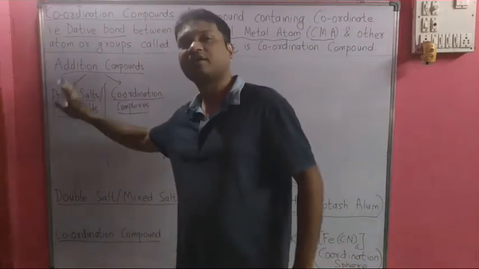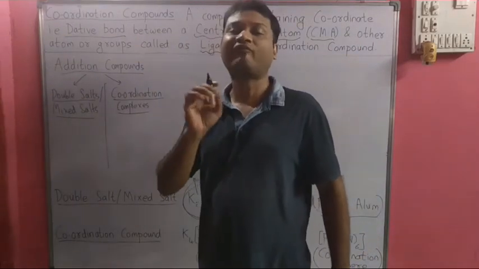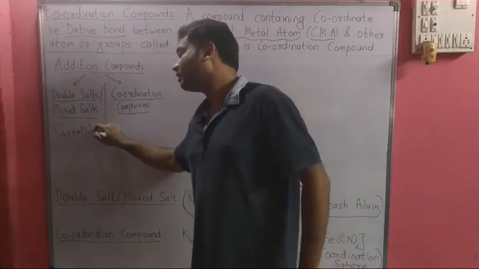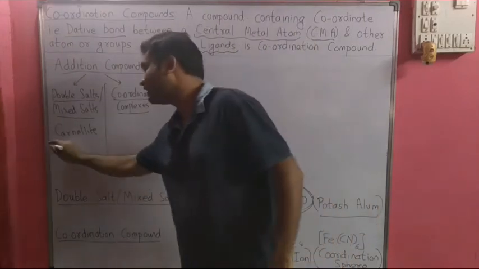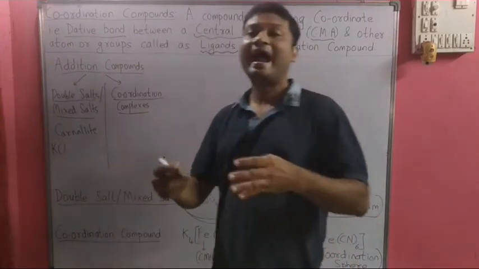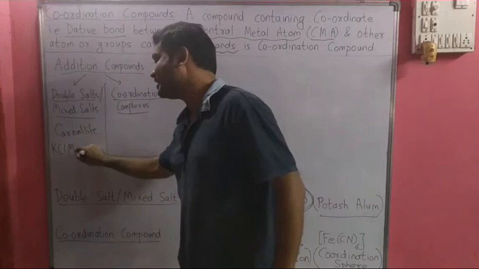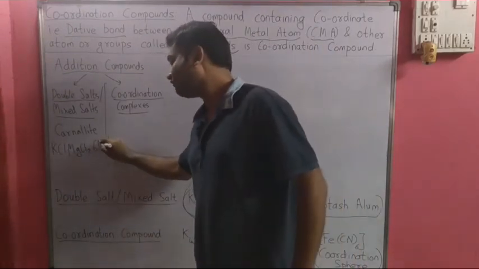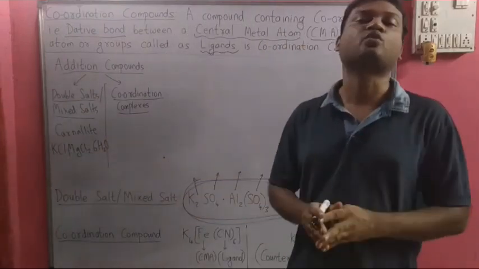For the first classification, we took the example of carnallite. Carnallite is a double salt composed of KCl, potassium chloride, and magnesium chloride, MgCl2·6H2O, with 6 water of crystallization.